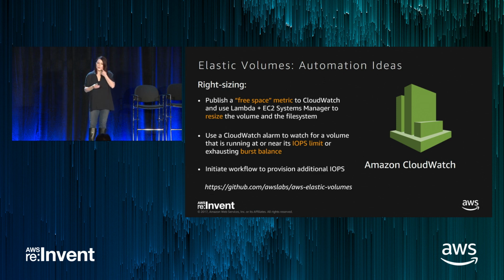The other kind of things you could do are use a CloudWatch alarm to look for when a volume is getting close to its IOPS limit or exhausting its burst balance. We have a few examples that we've put up there on AWS Labs if you want to go ahead and take a look. With that, I will hand it over to Mark.